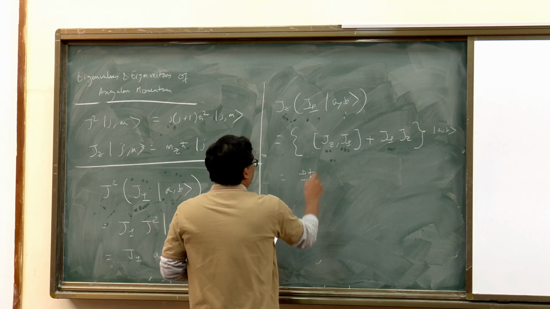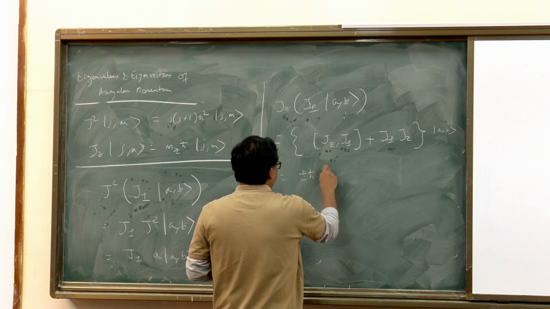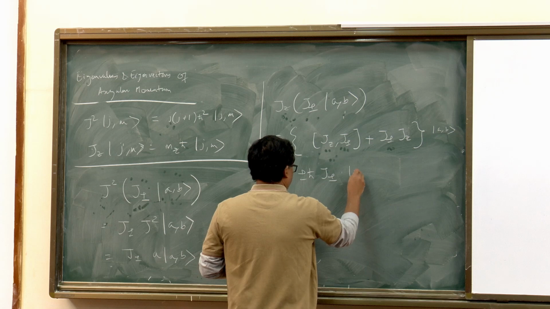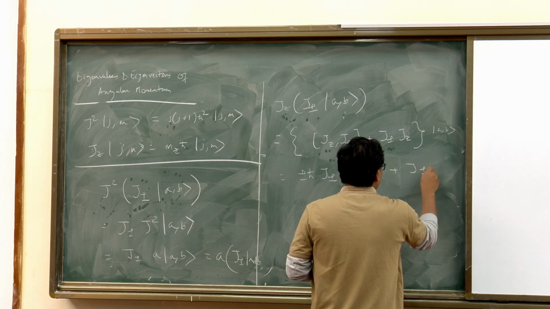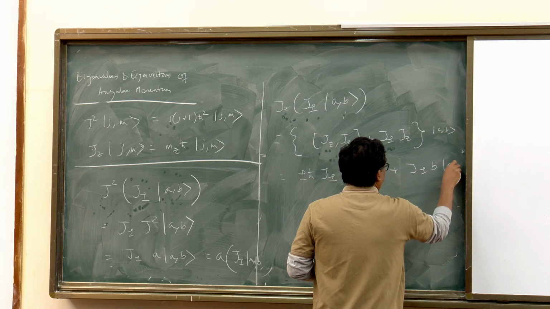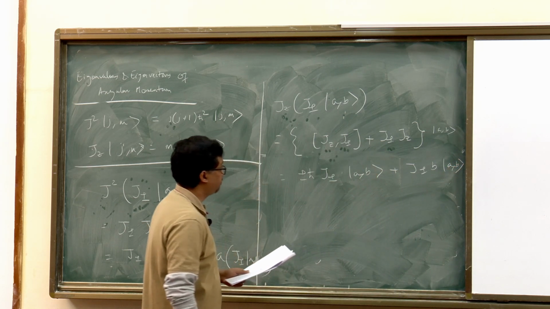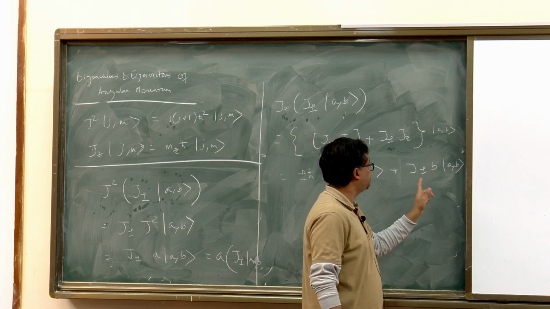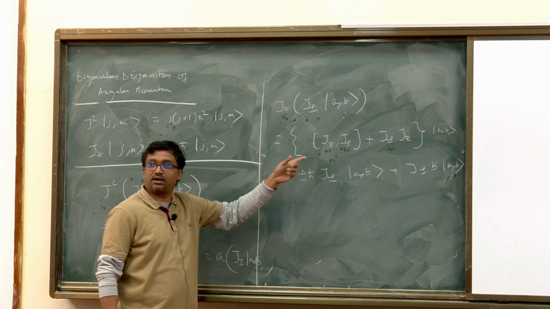But this commutation we already know. So this is J plus minus Jz AB, plus the commutator term. Jz operating on AB gives B AB, because AB is an eigenvector of Jz.